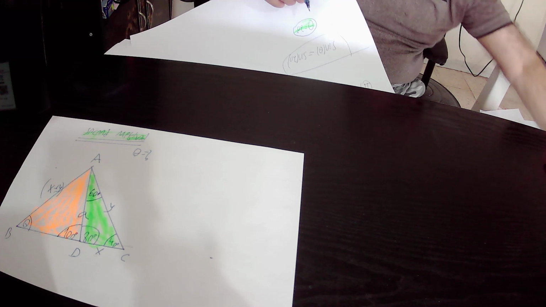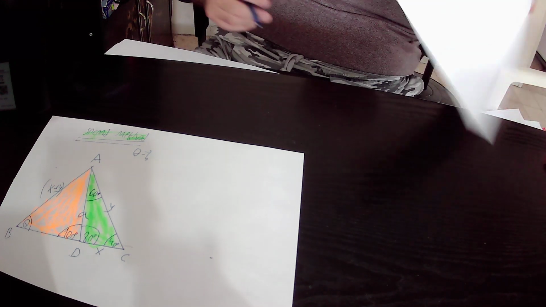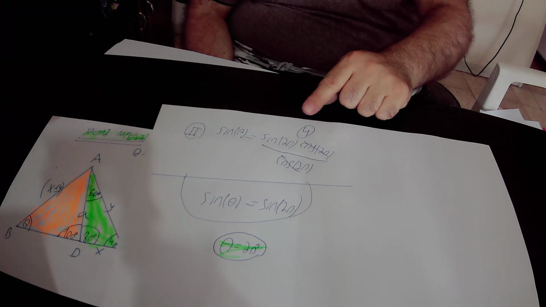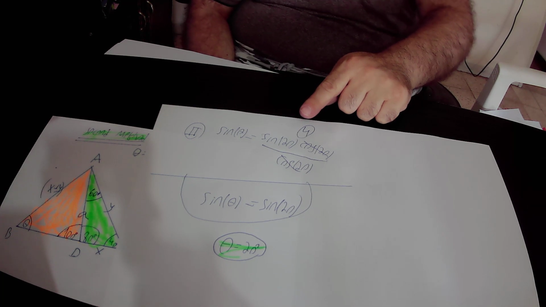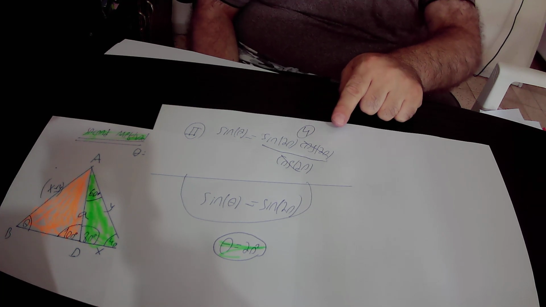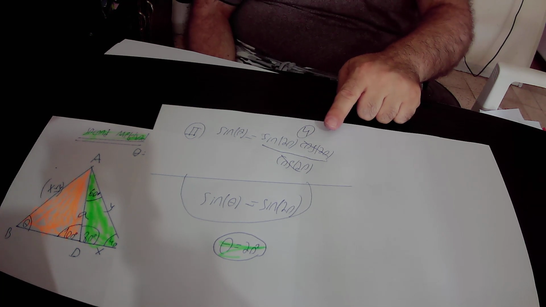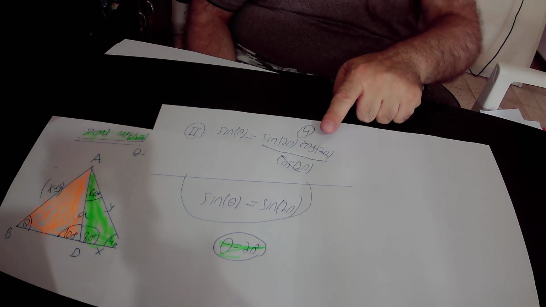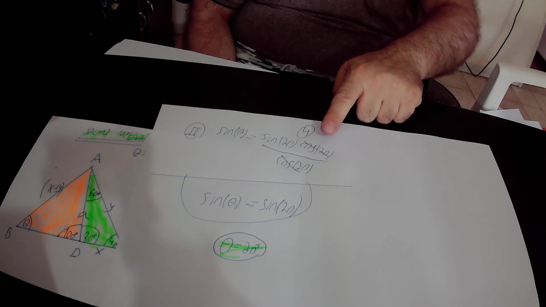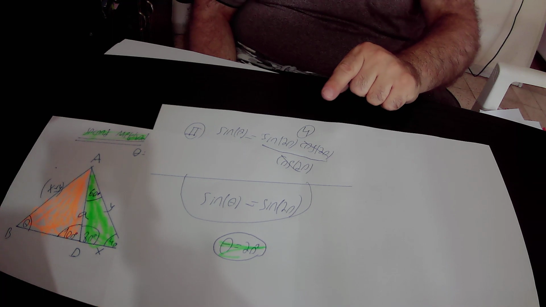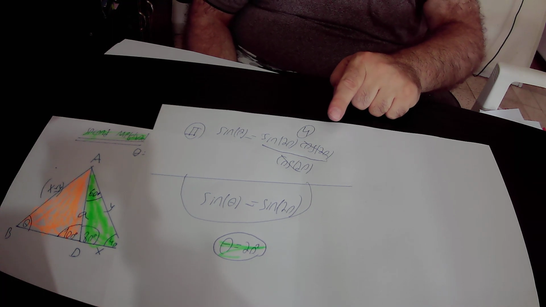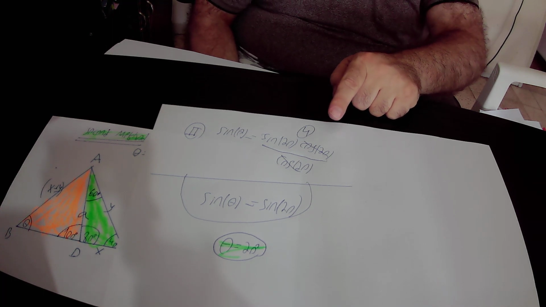that according to equation number 2, sine theta equals sine 20 degrees times cosine 20 degrees over sine 70 degrees, and we substitute sine 70 degrees by cosine 20 degrees. So here we have cosine 20 degrees in the numerator and cosine 20 degrees in the denominator.